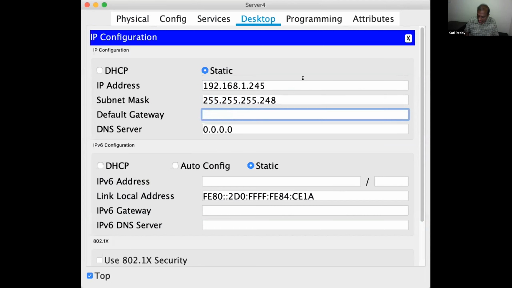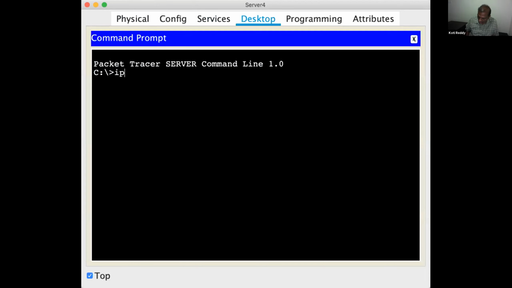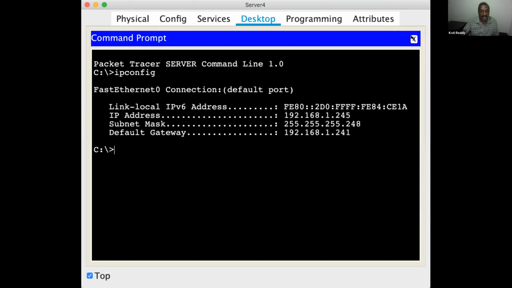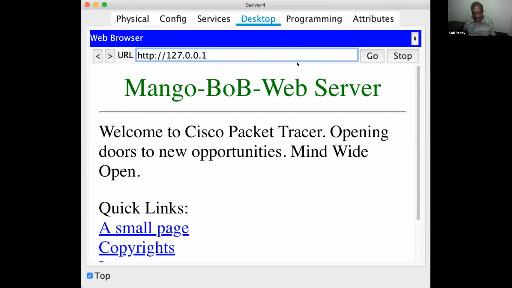And this again say 192.168.1.241. So again, I go to the command prompt. I say ipconfig. I can see this IP address. I go to the browser. I say 127.0.0.1. I could see HOB website.